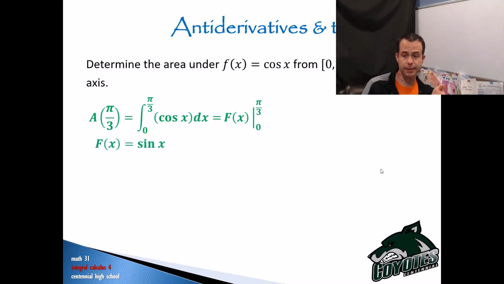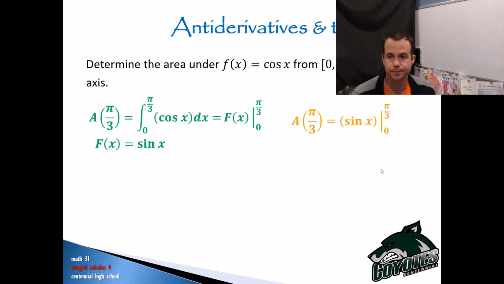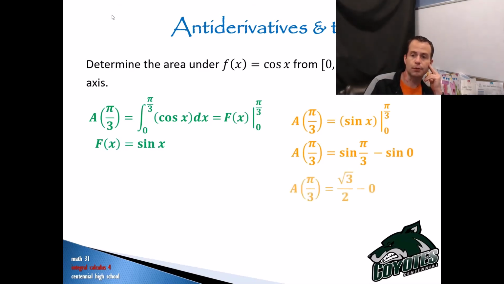The antiderivative is sine x. So a of pi over 3 will be sine of pi over 3 minus sine of 0. The sine of pi over 3 is root 3 over 2. So I have root 3 over 2 minus 0, which is root 3 over 2.